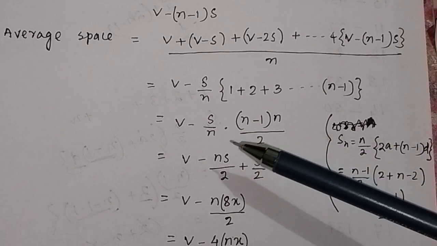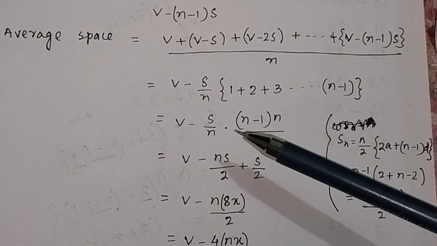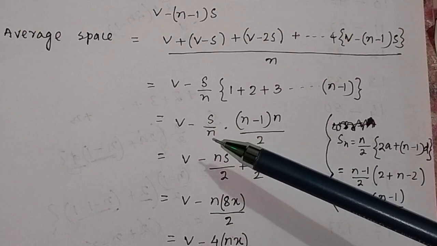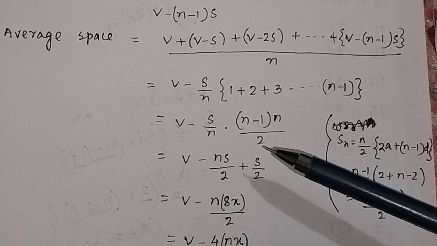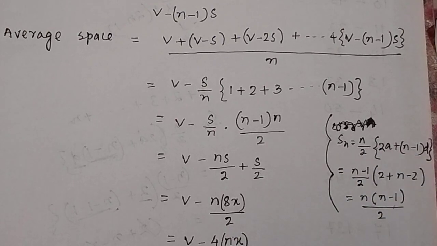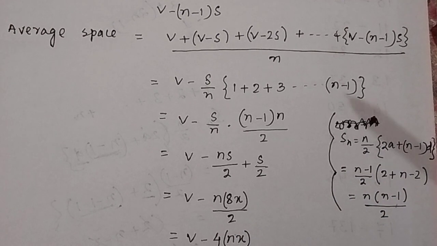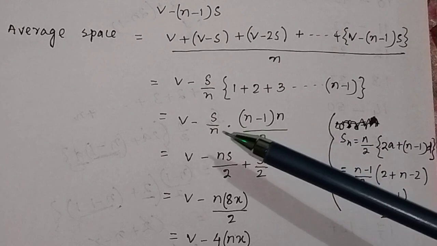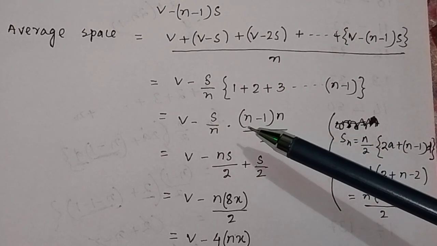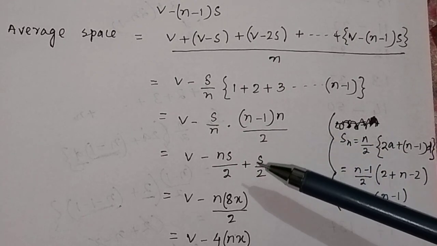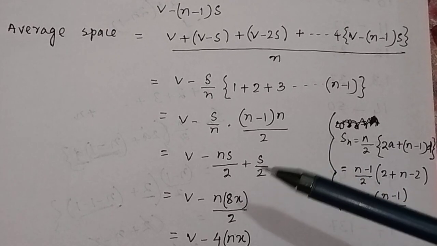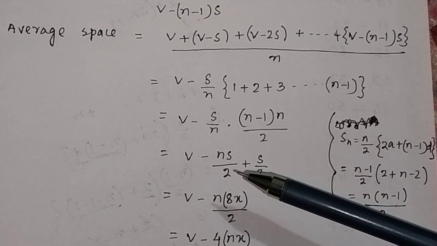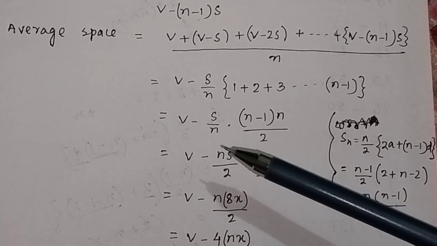If you simplify it, the first term is V minus nS divided by 2, and the second term will be equal to S divided by 2. Because here you cancel n, so n multiplied by S divided by 2 plus S by 2. You neglect S by 2 in comparison to the other factor, because n is a very big number.